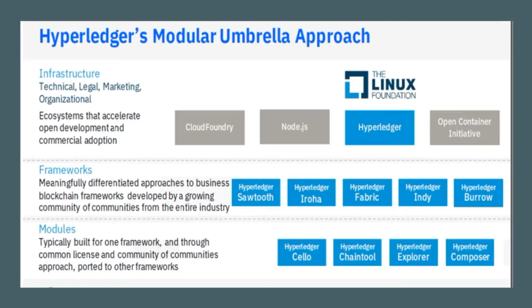And Hyperledger Fabric is very generic and very flexible. It's unique among all the other frameworks that I have mentioned, and it's designed for enterprises across industries, be it finance, healthcare, supply chain, logistics, and many more.